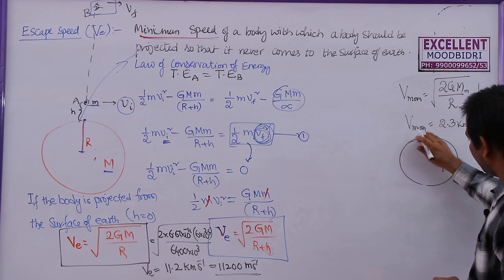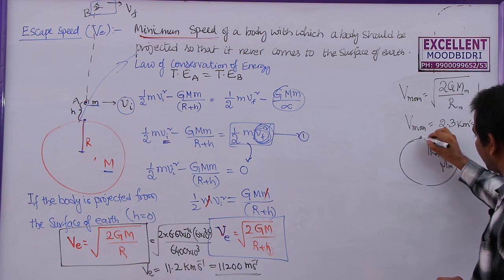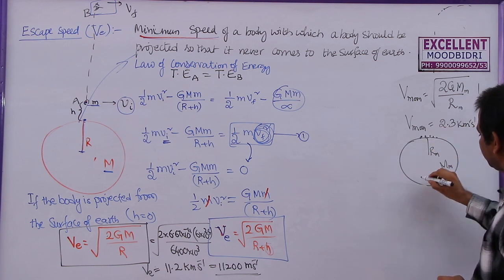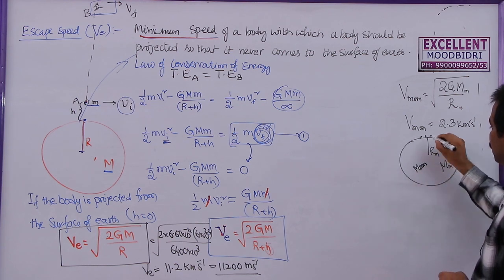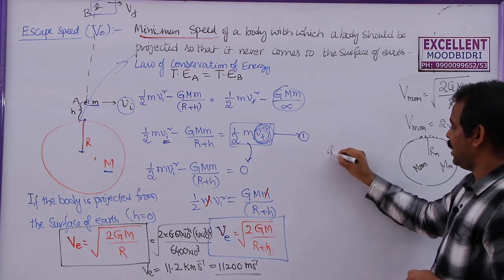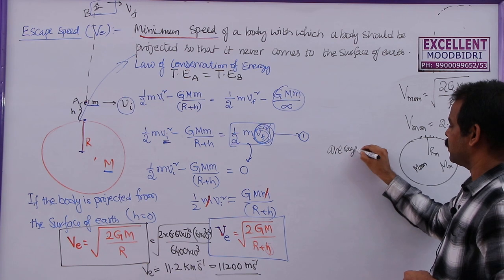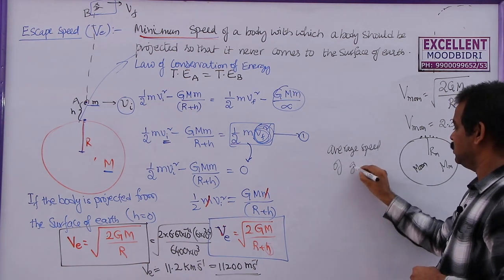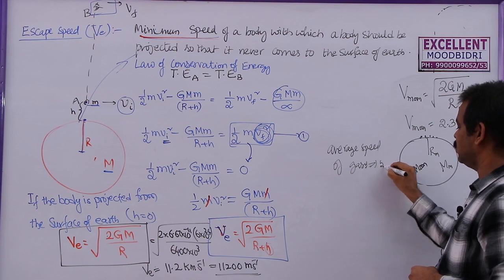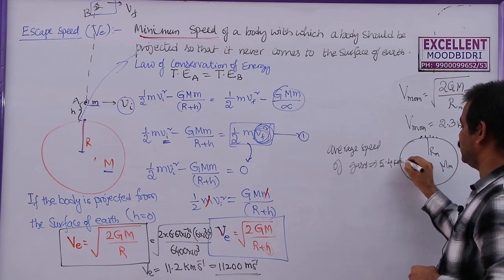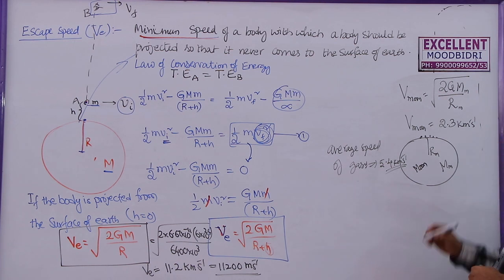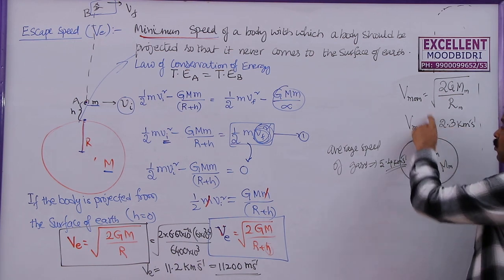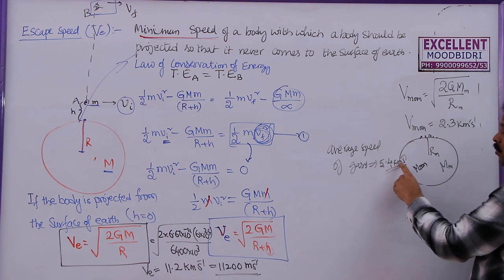Now, you see this one. If you keep a hydrogen particle or any gas particle here on the surface of the Moon, the root mean square or average speed of most of the gases is around 5.4 kilometer per second. Now, if you keep a hydrogen gas particle here, it can move with a speed of 5.4 kilometer per second.